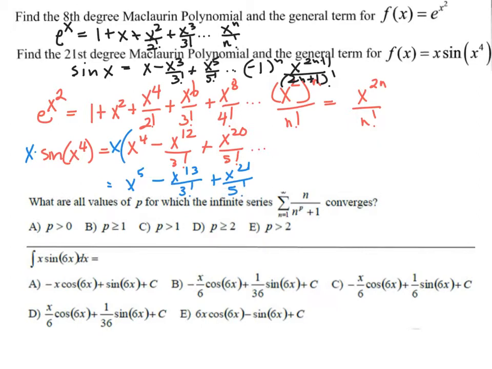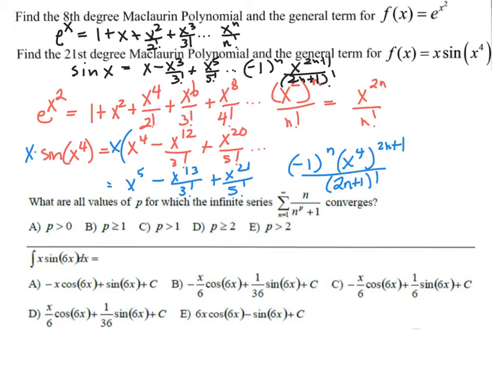So you can see it only took 3 terms. You say, well, find the 21st degree polynomial. Seems like it's going to be a lot of terms. It turns out to only be 3. So my general term, we had negative 1 to the n. That's not going to change. It's still alternating. Instead of x to the 2n plus 1, it's x to the 4th to the 2n plus 1 all over 2n plus 1 factorial.